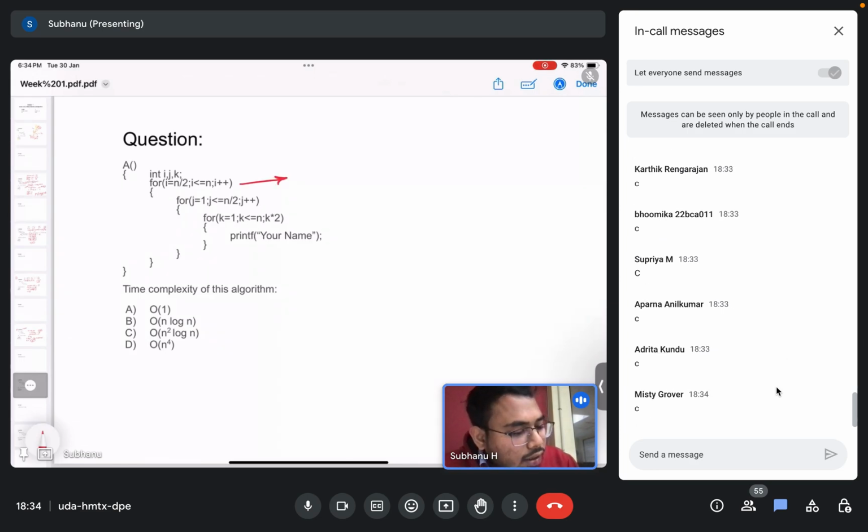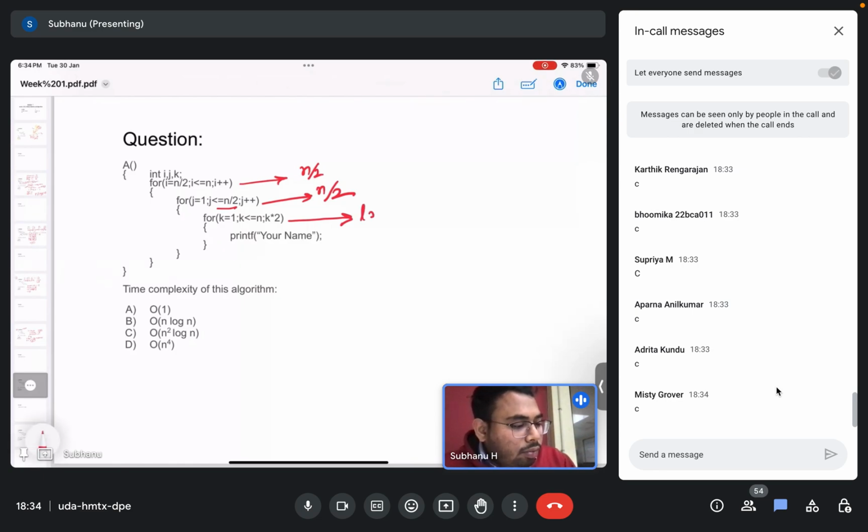Basically, you can see here that I is starting from n by 2 and it is running up to n. That means it is running for n by 2 times, and J is running from 1 up to n by 2. So it is running for n by 2 times, and also you can see here that K is growing by multiples of 2, or the power of 2.